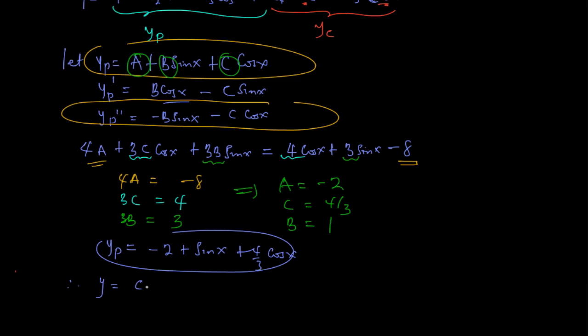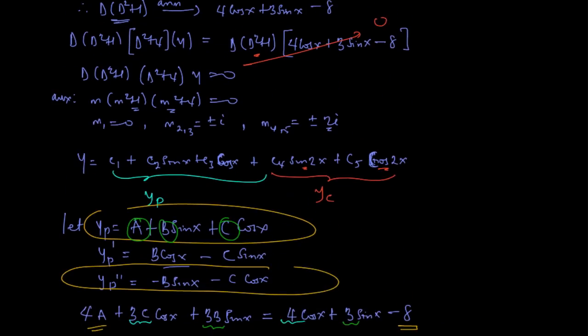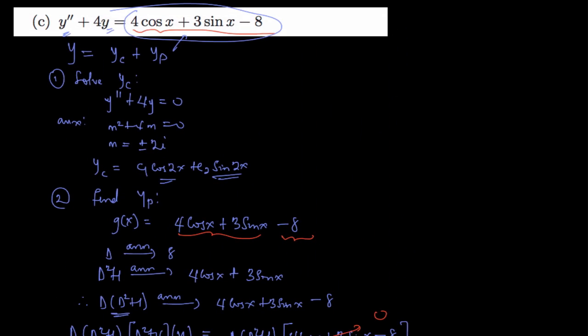So my yc from above is c1 cosine of 2x plus c2 sine of 2x, then plus my yp. I've decided to put it in brackets. It's not necessary, but I've decided to so that you clearly see what I'm doing. Minus 2 plus sine of x plus 4 all over 3 cosine of x. So this is the general solution of the original non-homogeneous differential equation that we're given.